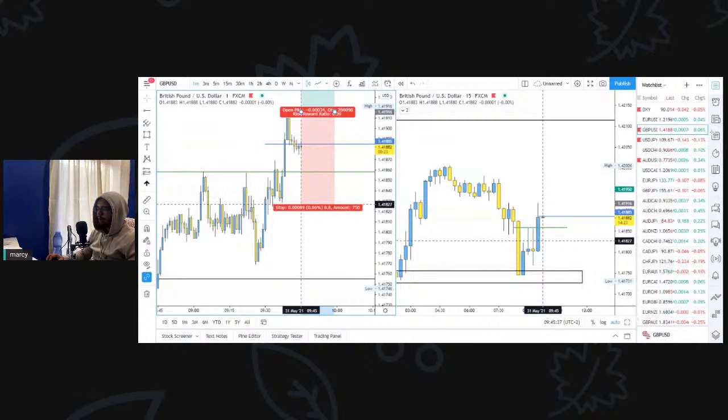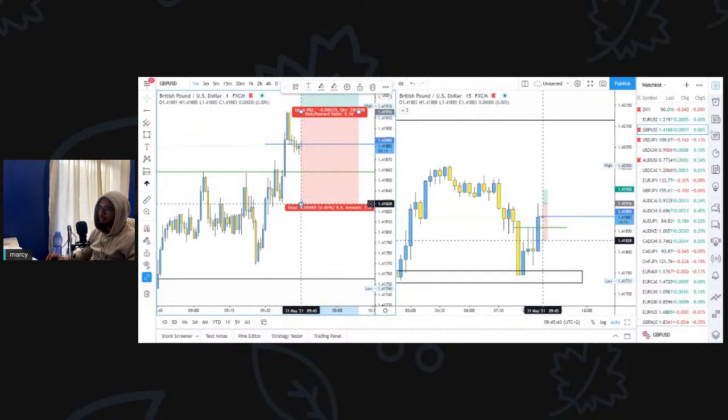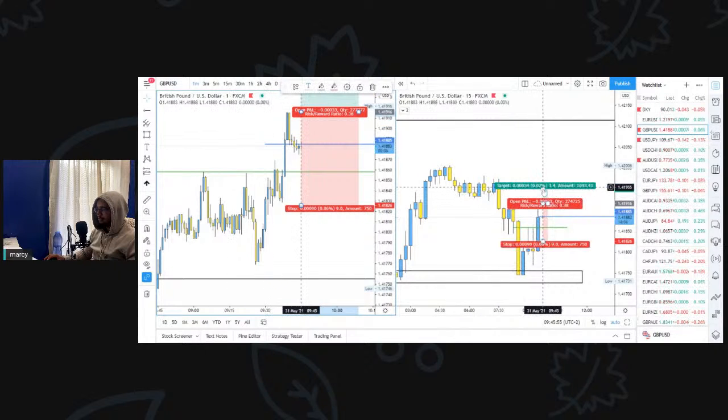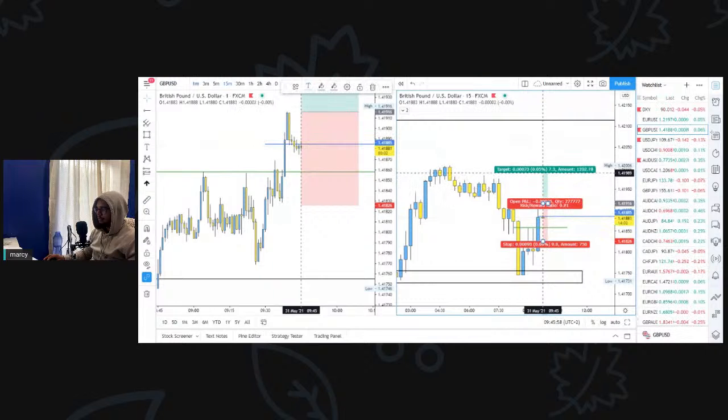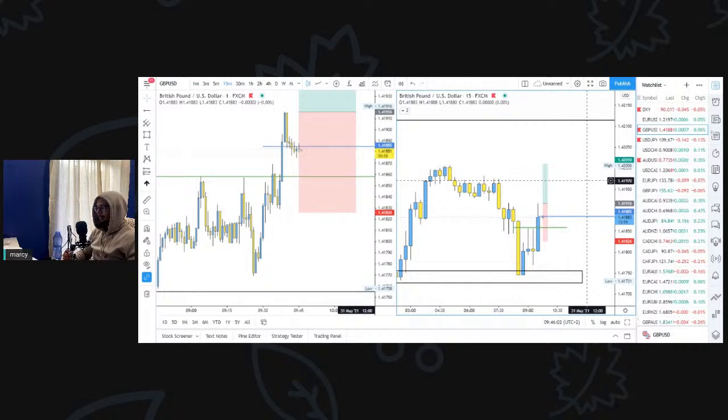That stop loss is wild. A 9 pip stop loss. That's quite wild.